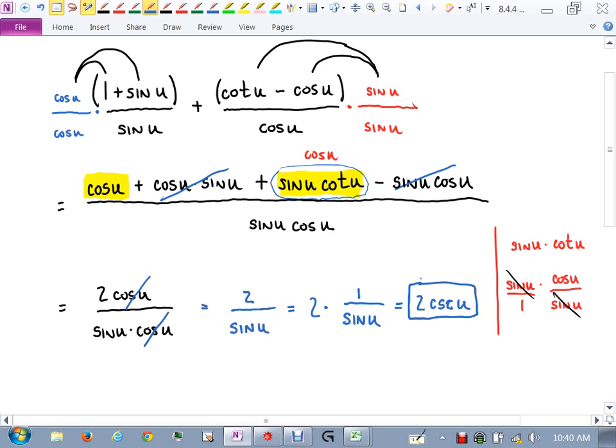Yes? Well, because we added them, it's 2 of them as opposed to cosine squared u. If it was cosine squared u, then you would cancel 1, you'd be left with the cosine. You see the difference?